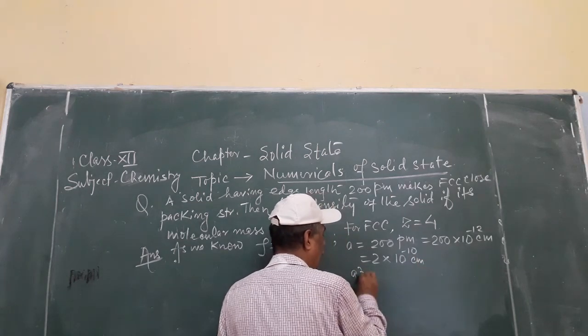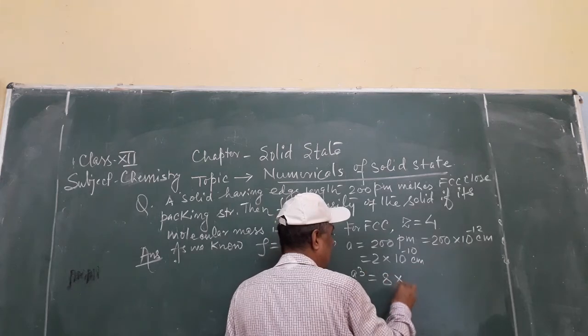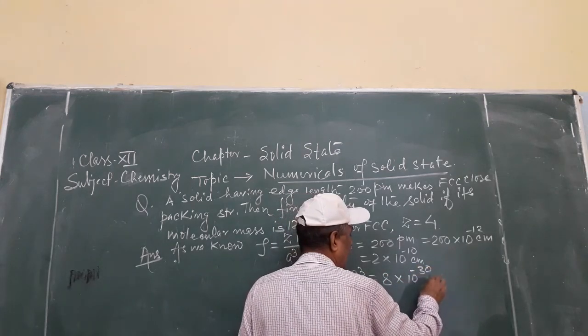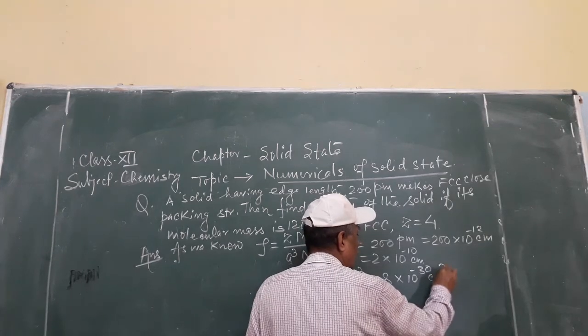So a cube will be 8 into 10 to the power minus 24 centimeter cube.